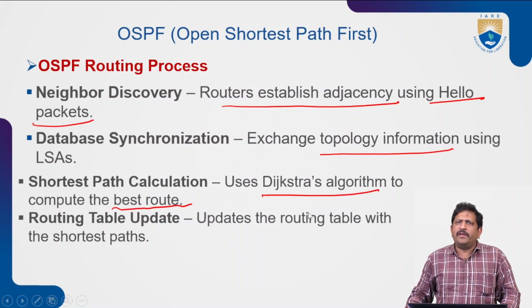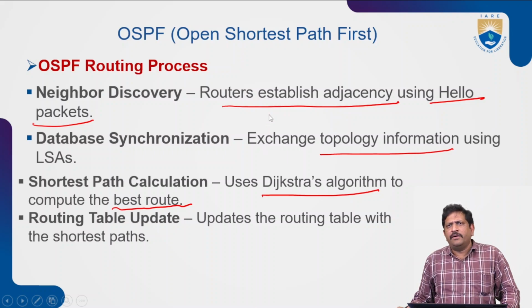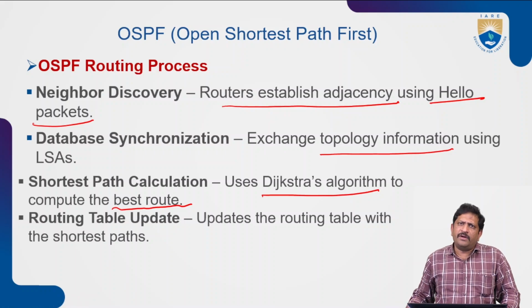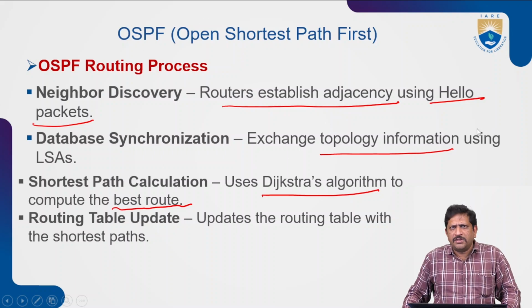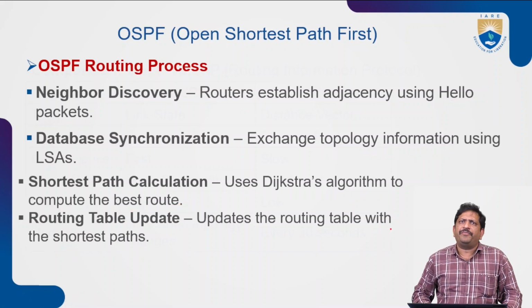And for the routing table, every router updates its routing table. This routing table holds the entire transfer details: where the information is coming from, the IP address of the source, and which destination we are transferring to. With the help of the shortest path, the routing tables can be updated.